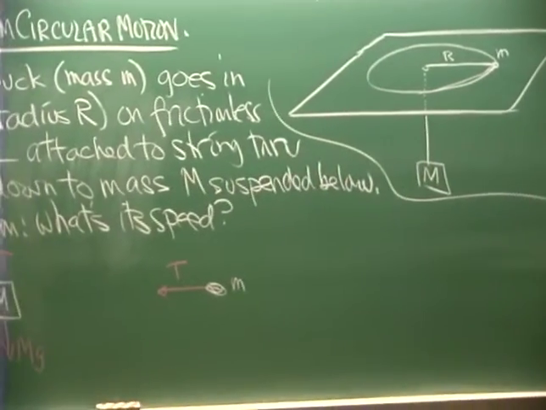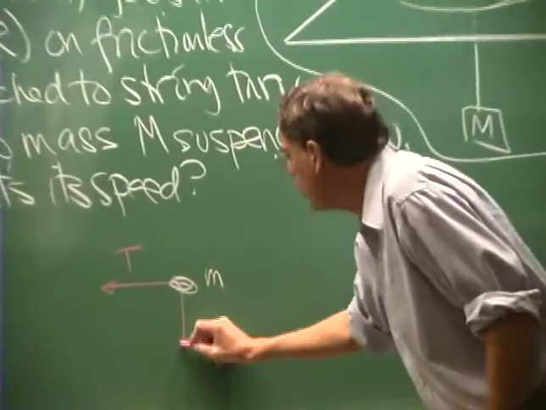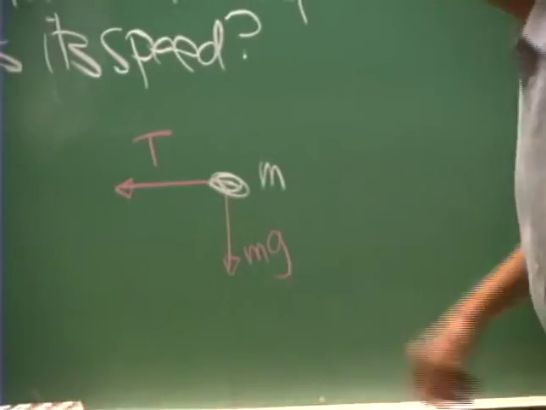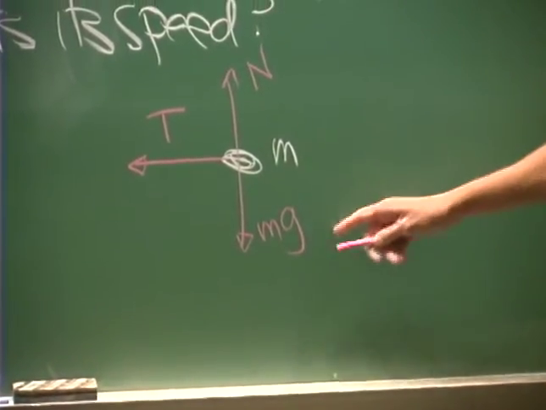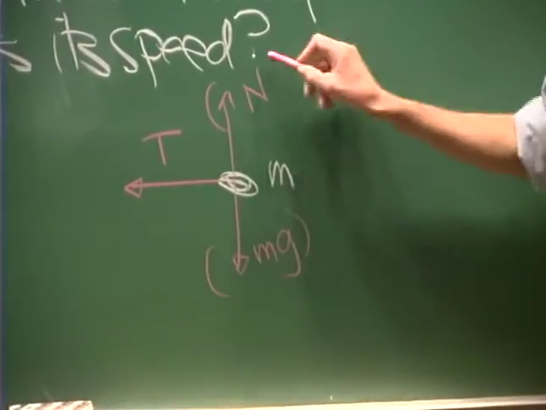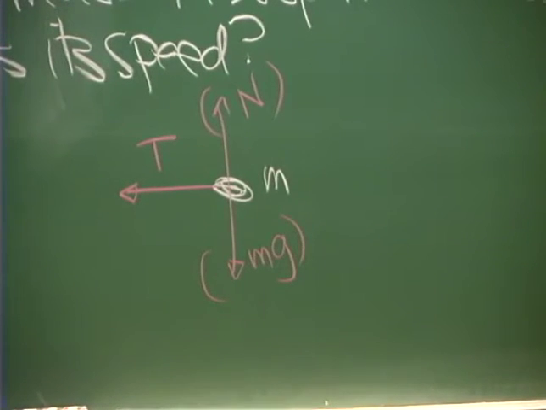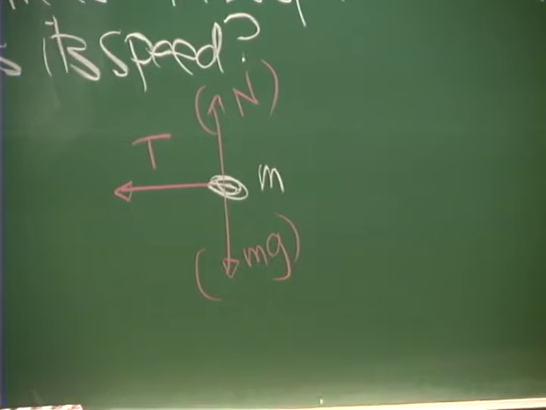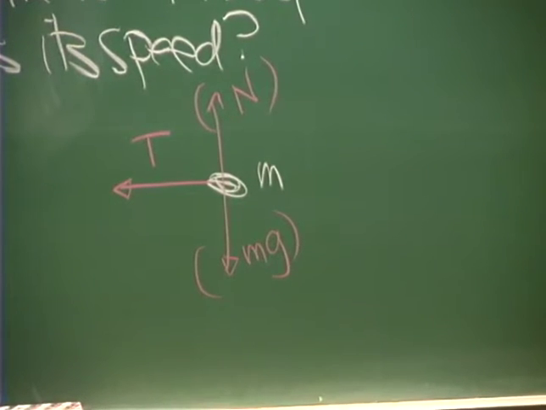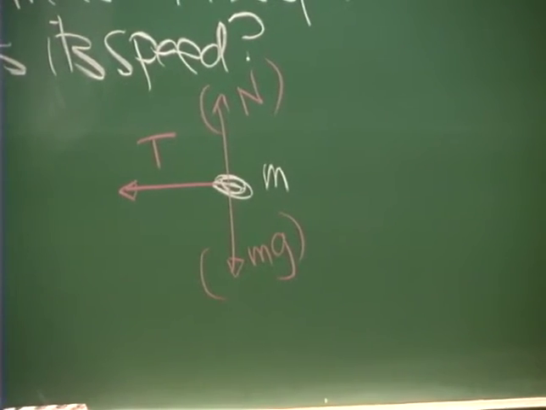What else? mg, of course, the weight acting down, and normal force acting up. By the way, in this particular problem, those two are completely irrelevant because they just cancel each other in the vertical dimension. It's the horizontal dimension I'm really interested in. What else? Good, that's it.